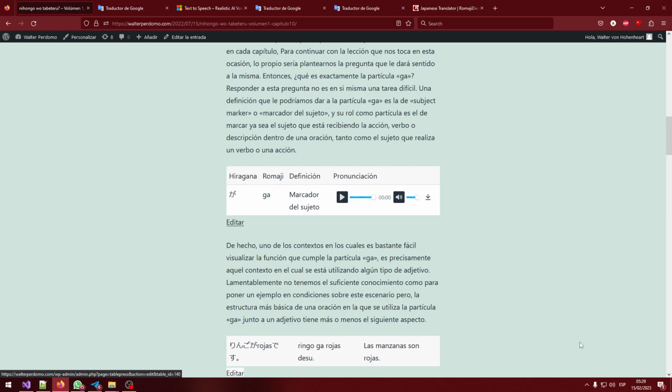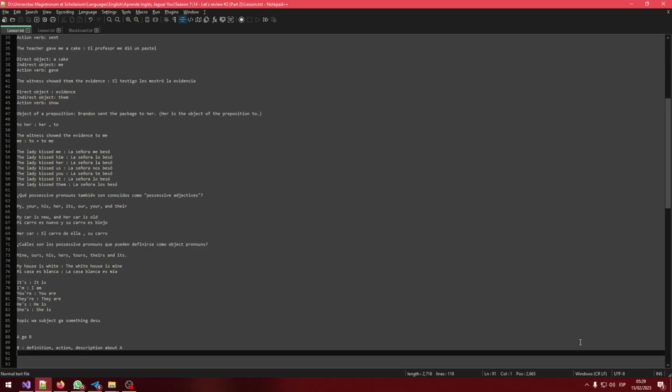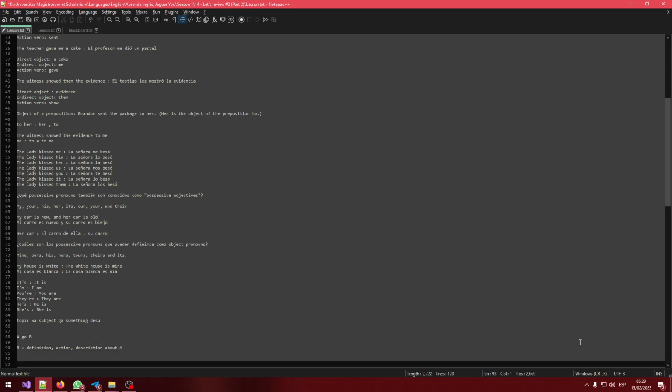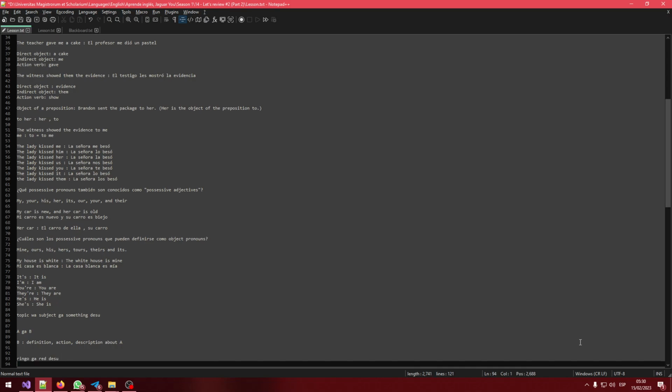So I have a sentence here. I'm gonna use Romaji because I'm too lazy to use hiragana, but you can see hiragana in the article. Ringo ga red desu. Or maybe kudamono ga delicious desu.